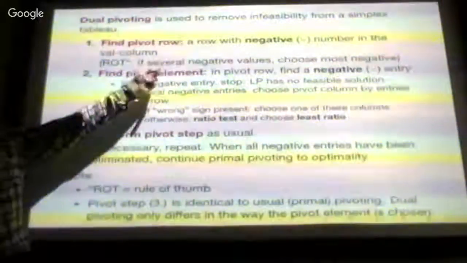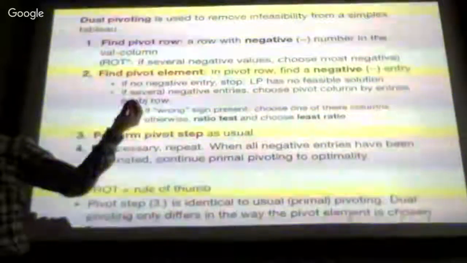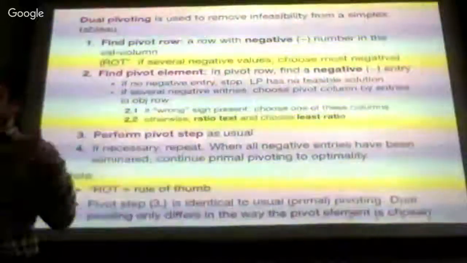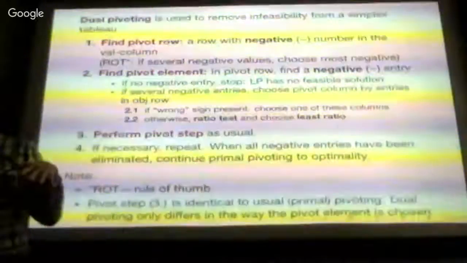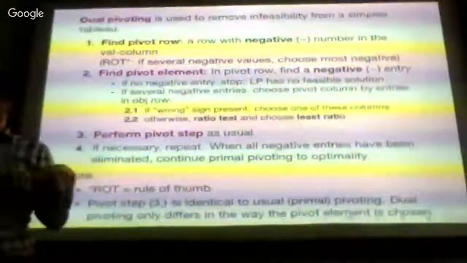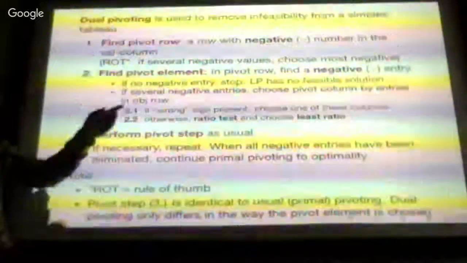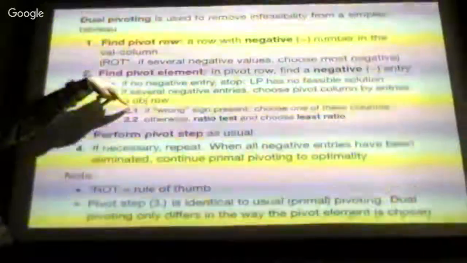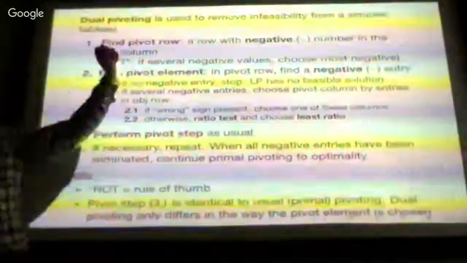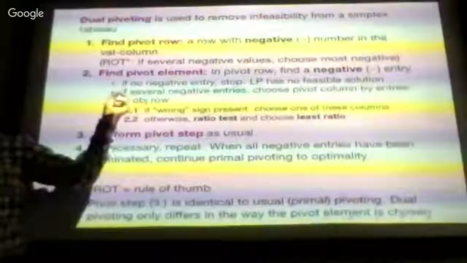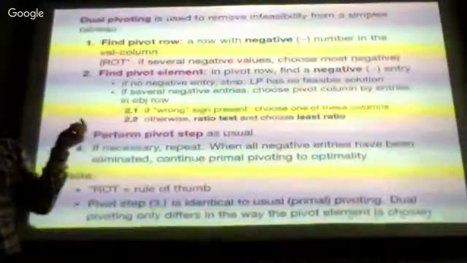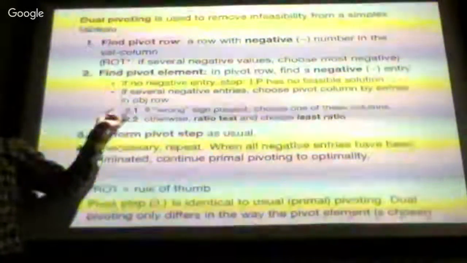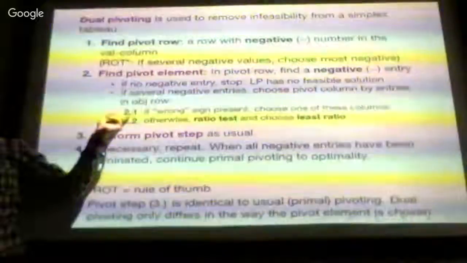As a rule of thumb, you take the most negative one, which corresponds to choosing the most negative entry in the objective row in the normal pivoting. Then you have to do a ratio test, sometimes, which is not strictly dual pivoting. So sometimes you have the wrong sign in the objective row.